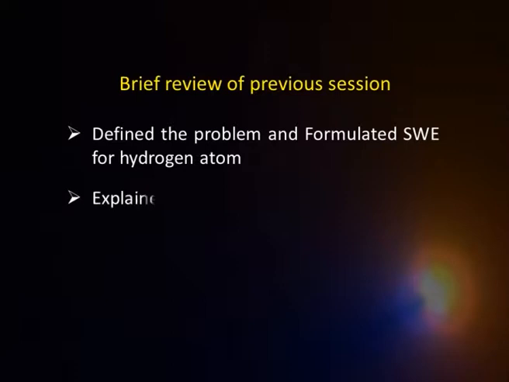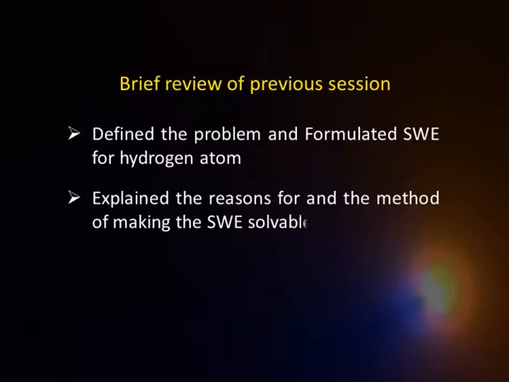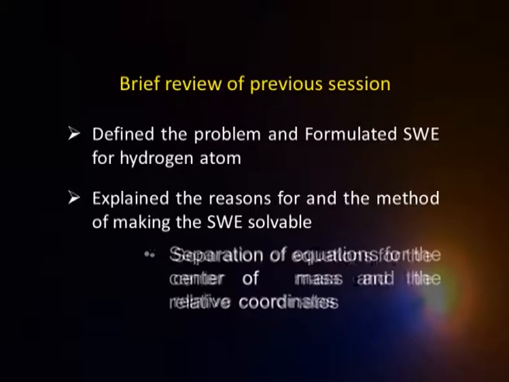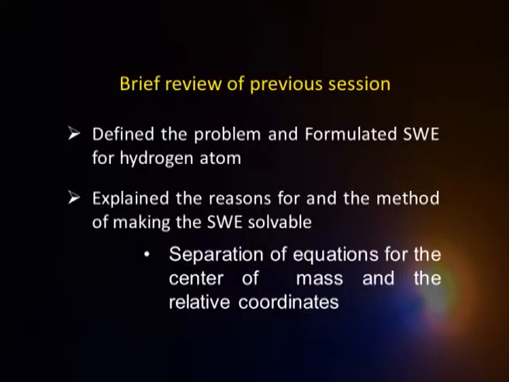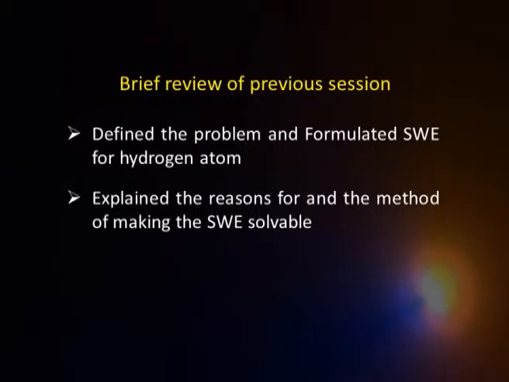So the first thing we did was separate the Schrodinger wave equation into two equations, one for the center of mass and second for the relative coordinates. Center of mass referred to the atom moving as a whole, as one particle, and relative coordinates meant the motion of the electron with respect to the nucleus.